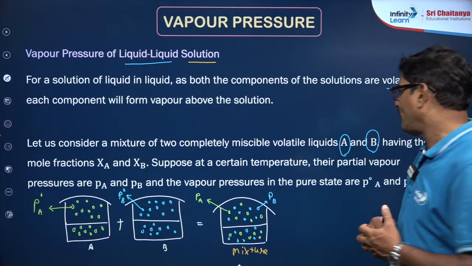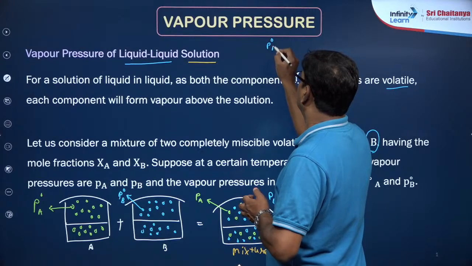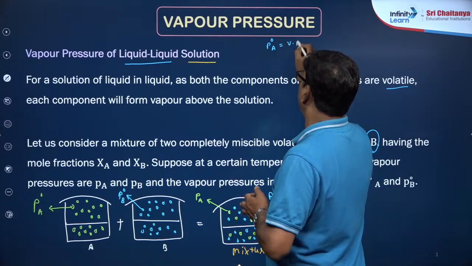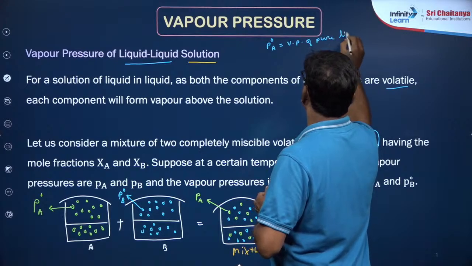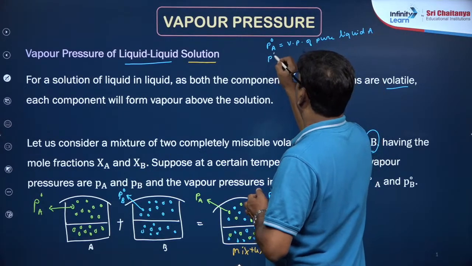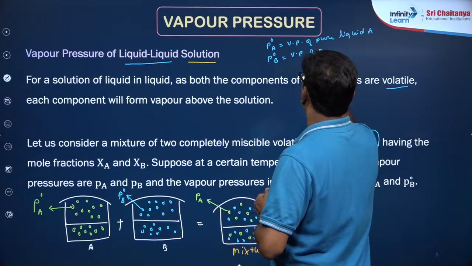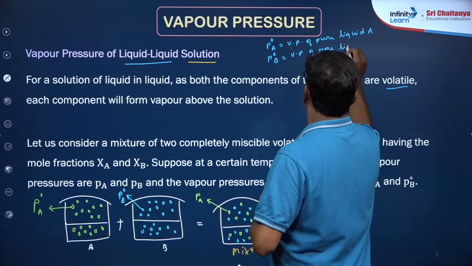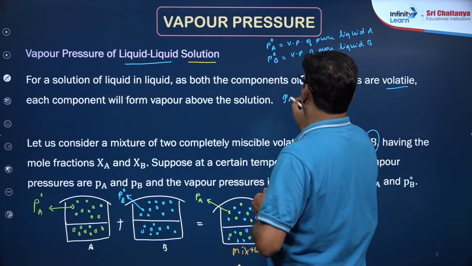right, so P0A, vapor pressure of pure liquid A, P0B, vapor pressure of pure liquid B. So what is PA?